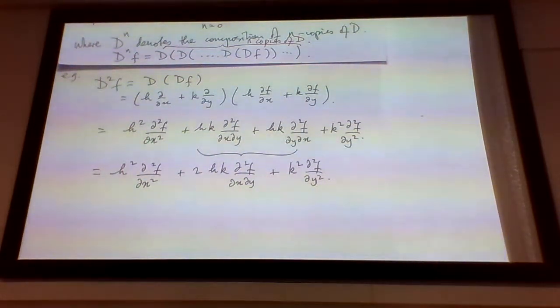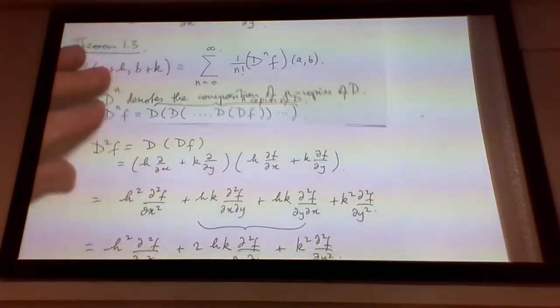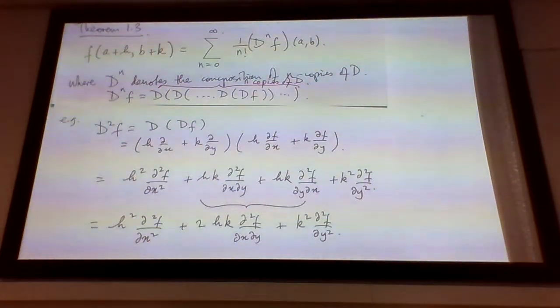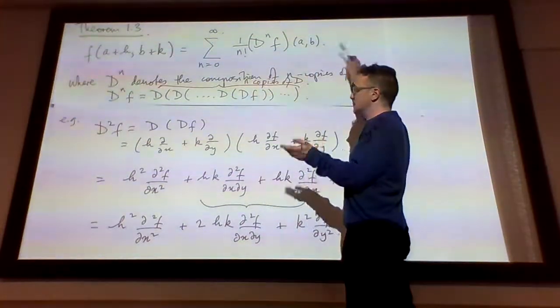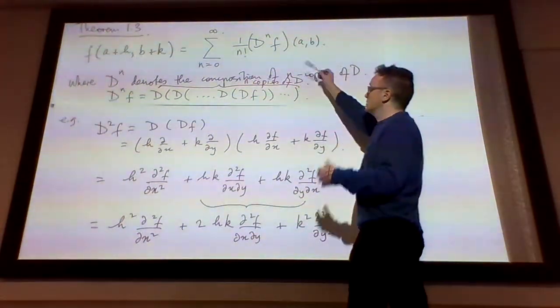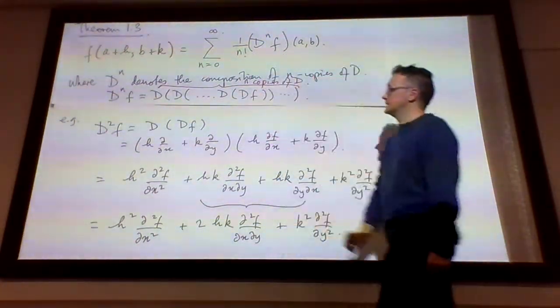The usefulness of this is it allows us to obtain polynomial approximations to functions of two variables. So it gives you a nice standard way of representing functions. At first glance, this doesn't look like a polynomial because you don't see the h to the n or the k to the n, but they're embedded inside this object here.